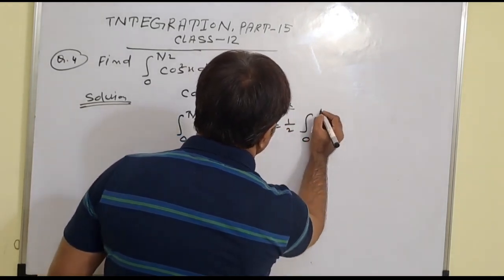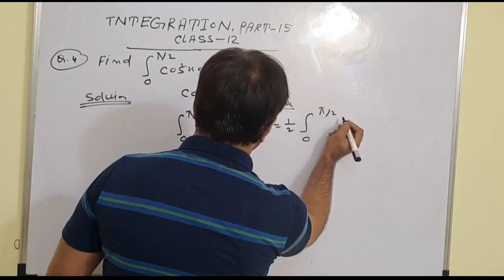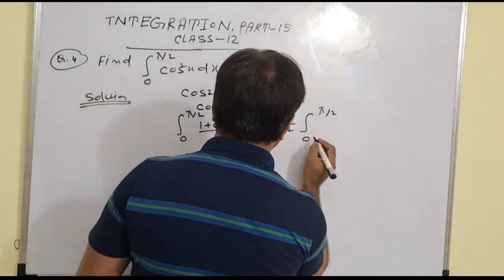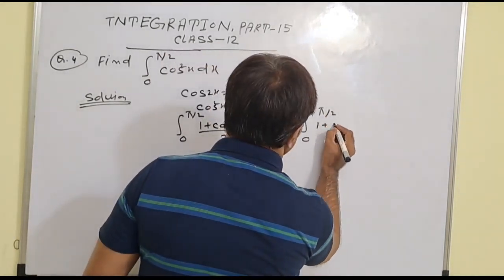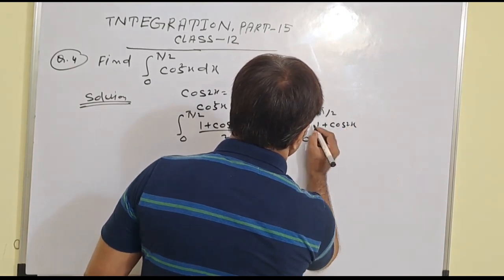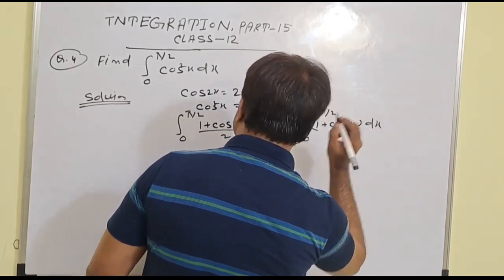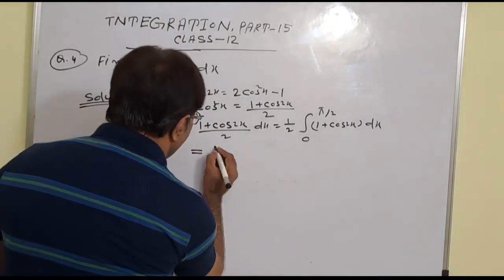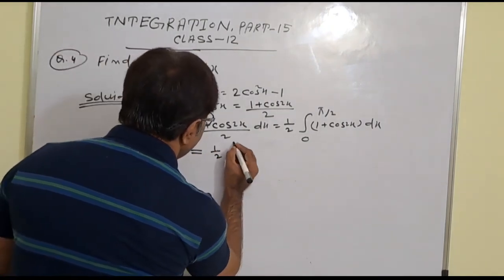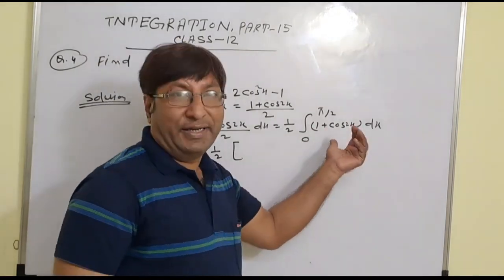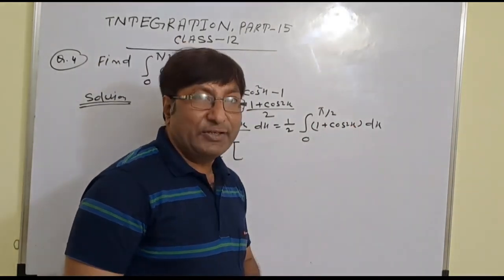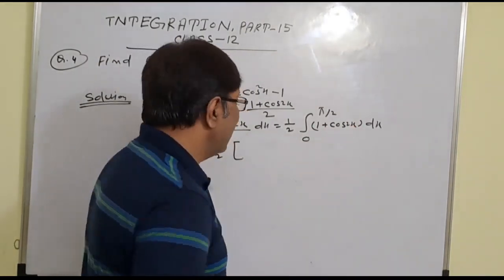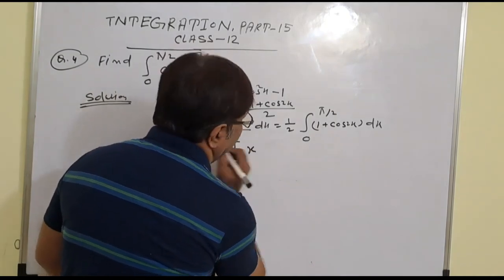So this is what? 0 to pi by 2, and this is only 1 plus cos 2x dx. Now you know this is half and integration of 1 dx. So you know integration of 1 dx is what? x. So we will write simply here x.